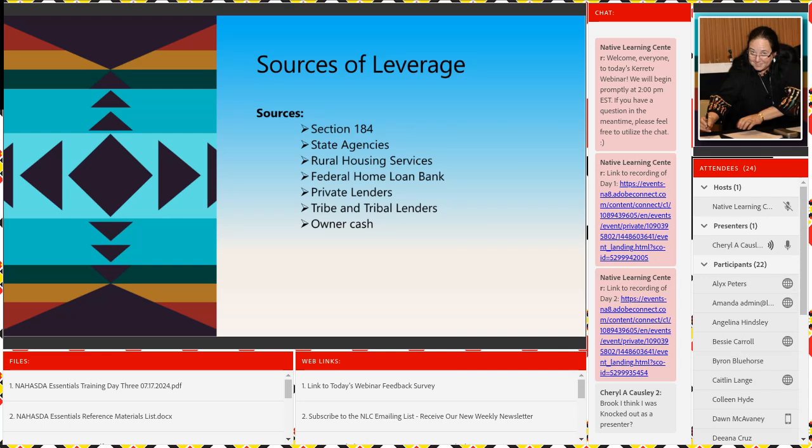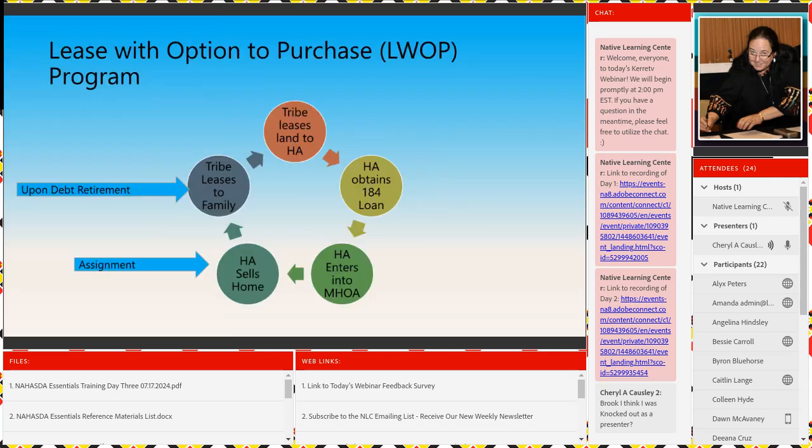Different sources of leverage: 184, state agencies, rural housing, federal home loan bank. They're good for down payment assistance and things like that. Private lenders, the tribal lenders, and owner cash. So you can do a lease with an option to purchase program like that. The tribe leases the land to the housing authority. The housing authority obtains 184 loans.